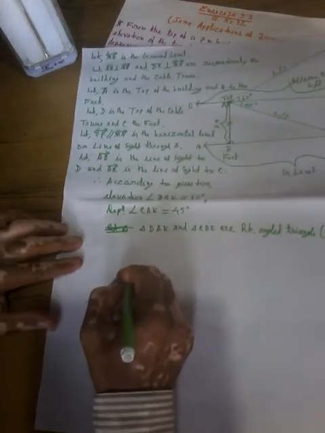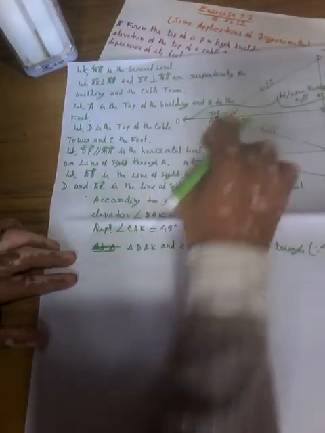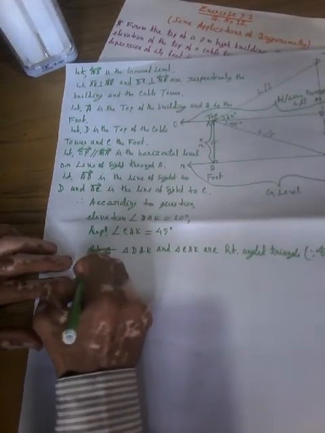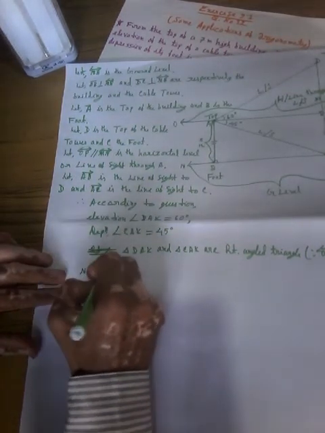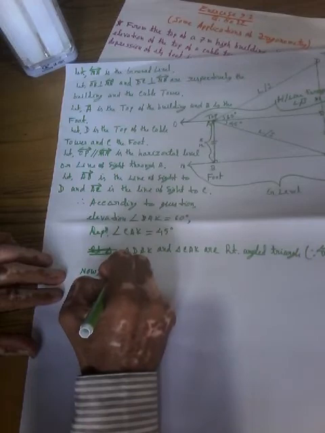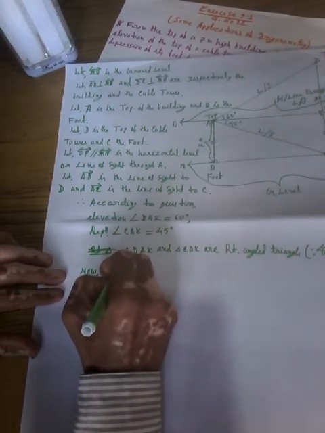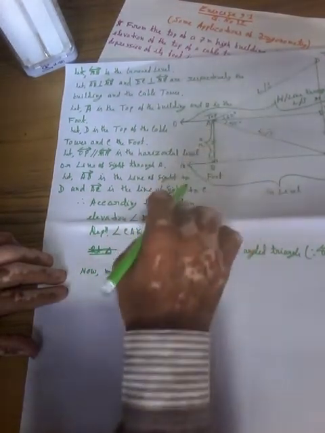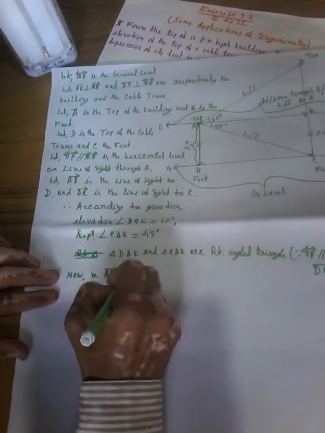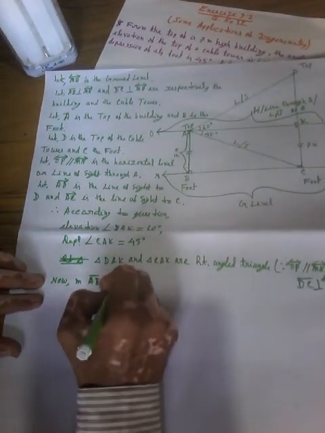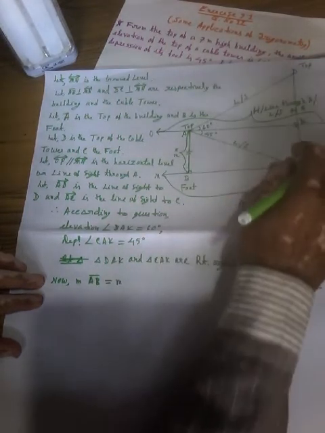Now write about the measure of AB, which is the height of the building. Measure of AB is equal to measure of CK.